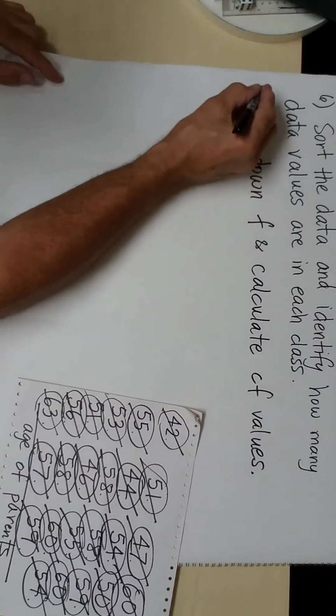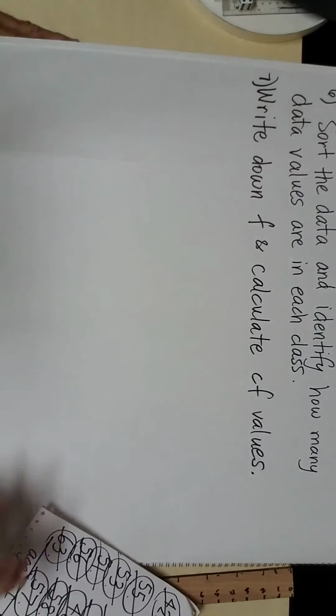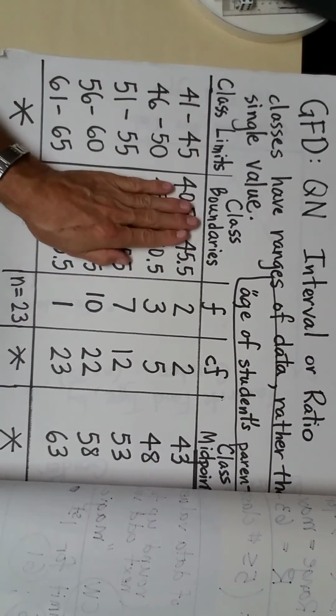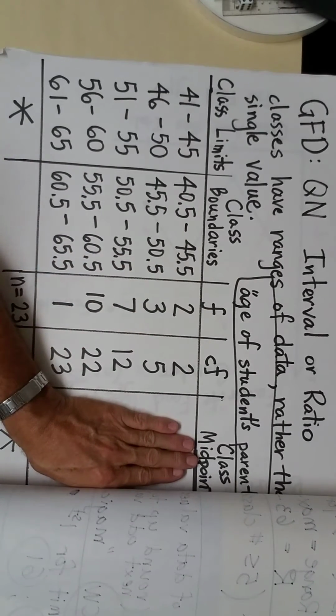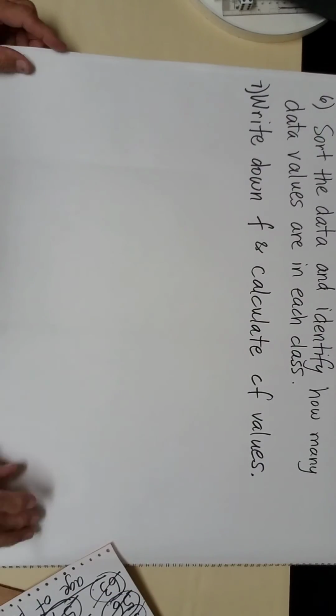And those are the 6 or 7 steps in making the table. Class limits, class boundaries, frequency, cumulative frequency, and class midpoints. Okay. End video.